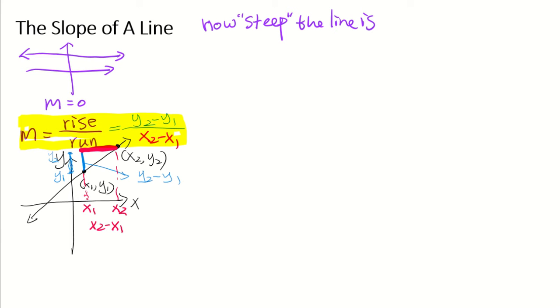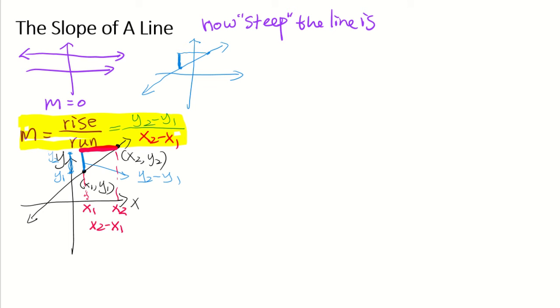All right, so let's come back to the very beginning. If we have a graph looking like this, with a line going up from left to right, what is the slope? Well, first of all, if we pick two random points here, you can see the rise is a positive number.